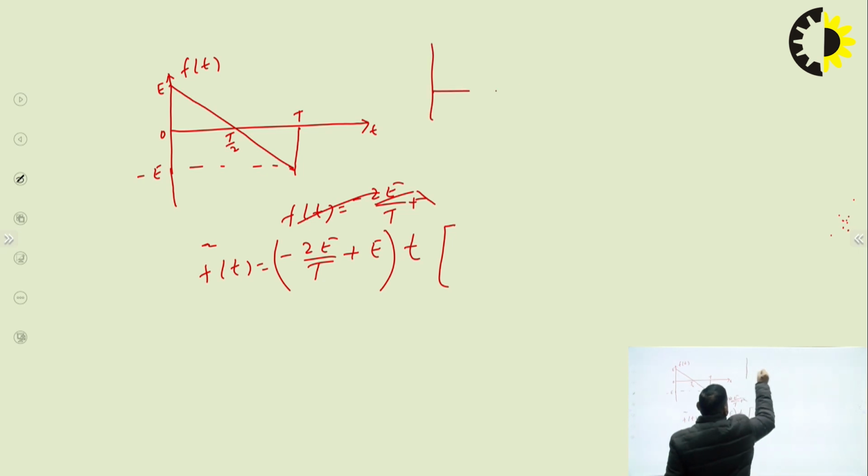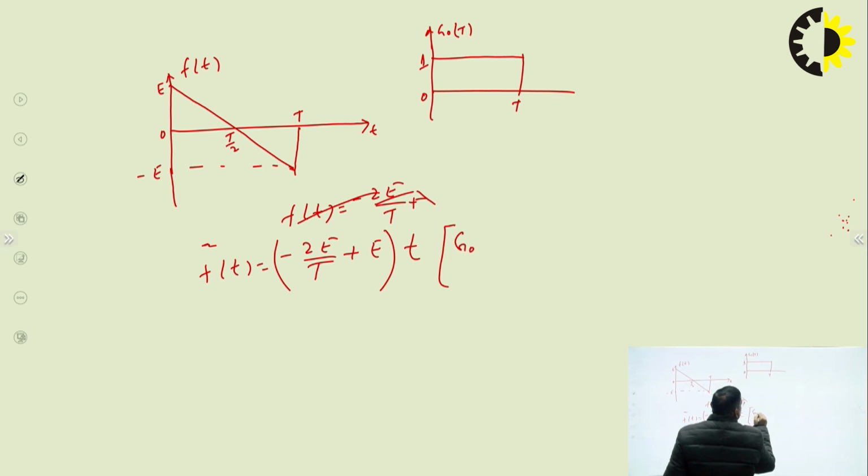You have to multiply this gate function. This is your t. This is your rectangular pulse, and this is the height. So you have to consider this gate function, g0T.